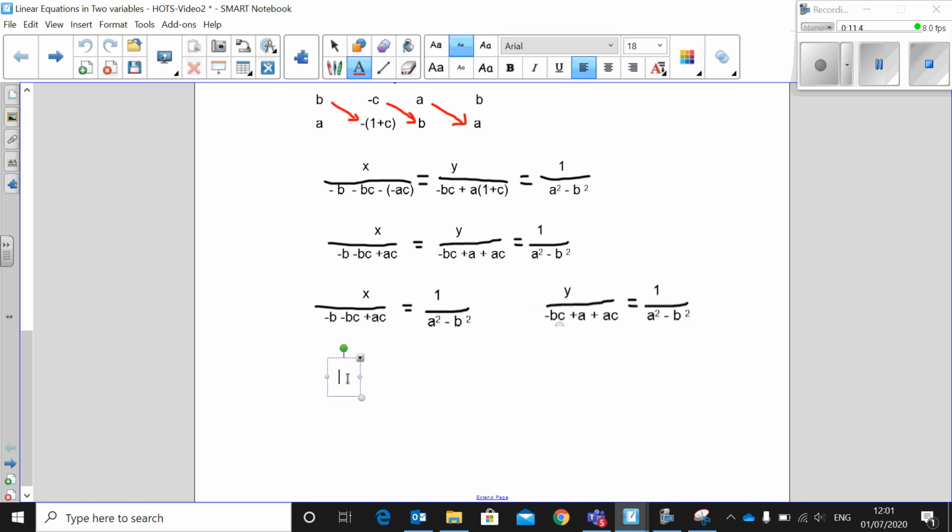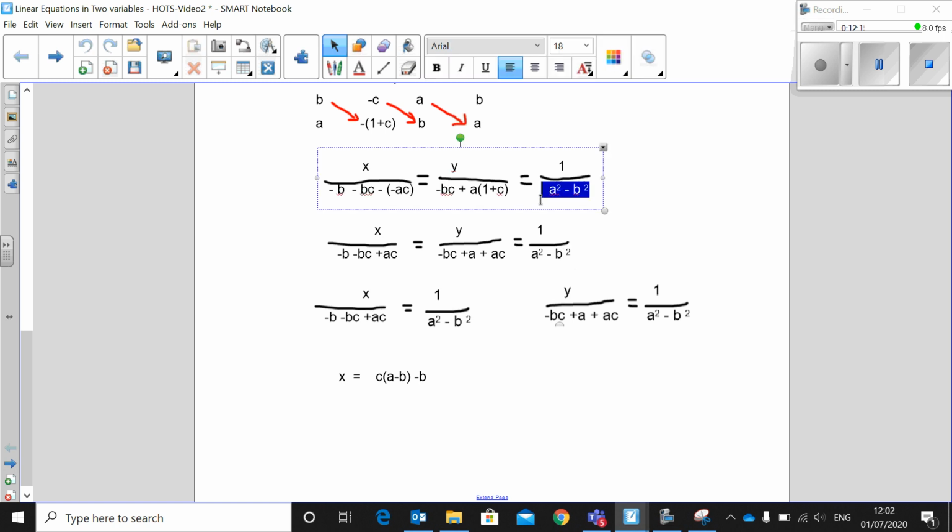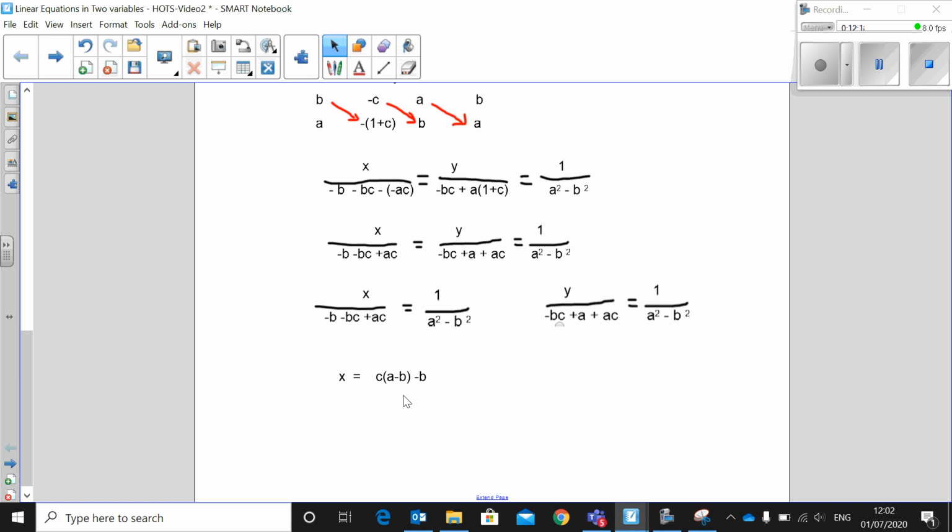Now let us find out the value of x. x is equal to the cross multiplication. The numerator has become minus b minus bc plus ac. Let us think about ac minus bc. c is common. I'm taking c outside: a minus b, and minus b divided by a square minus b square. So let us have a square minus b square here, which is equal to a square minus b square.